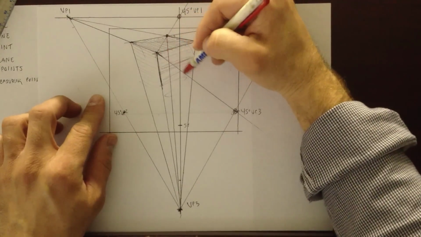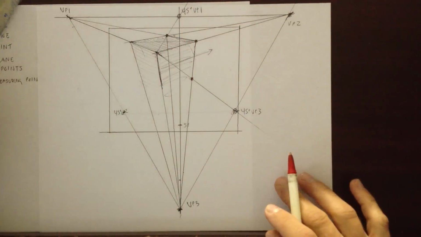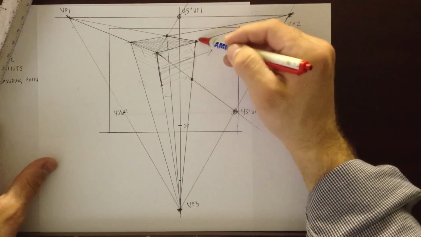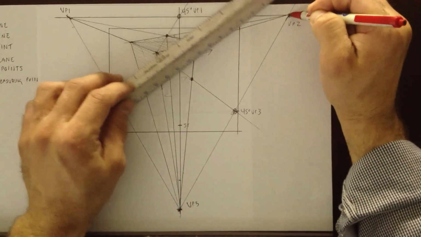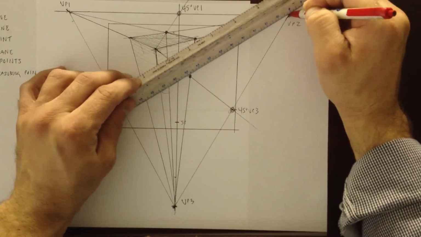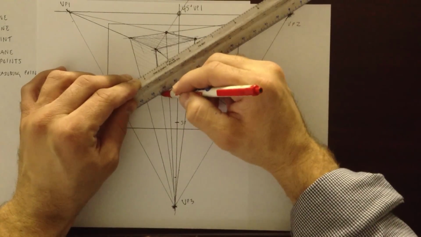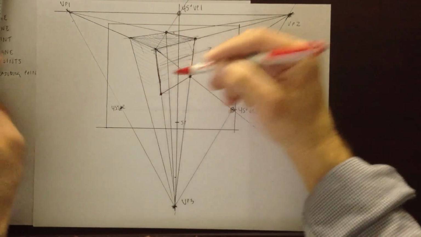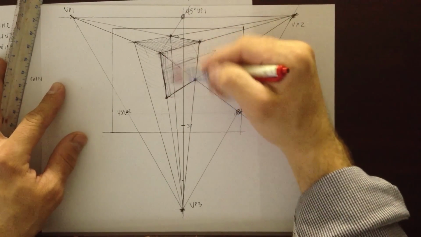When this line intersects with this line right here, that's going to be the same height as the length this way, or the depth. So you'll run a line from vanishing point 2 through that point until it hits the front edge of your cube right here. So this becomes the right side plane.